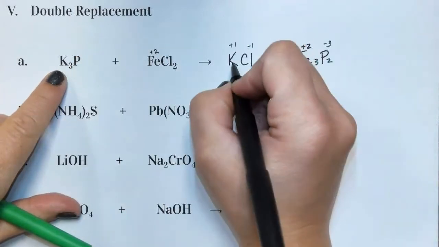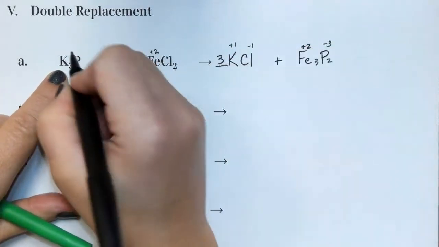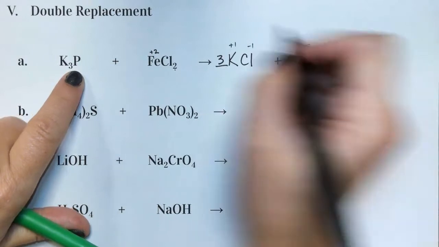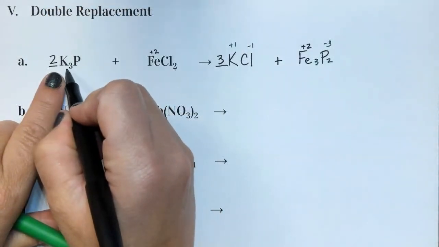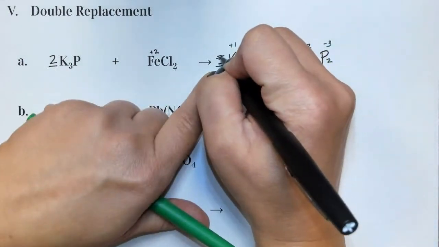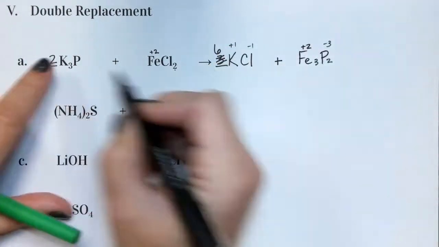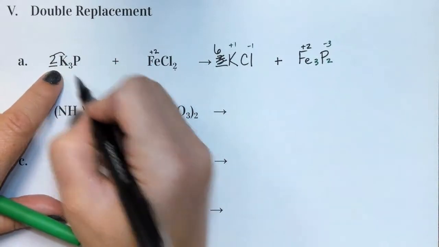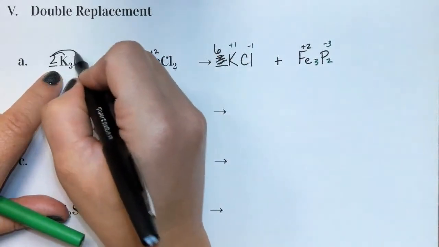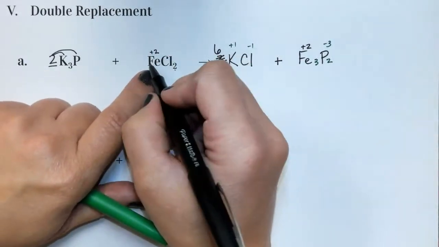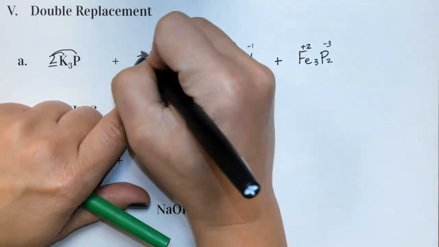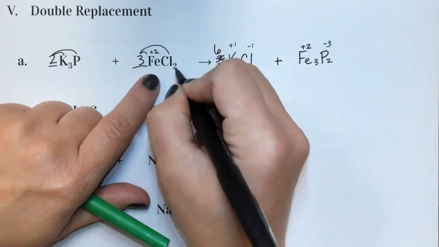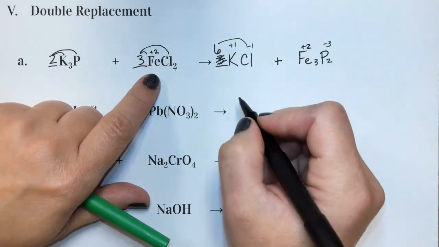3 potassium, 1 potassium puts a 3 here. 1 phosphide, 2 phosphides, I would put a 2 here. Since this changed my potassium to 6, I'll go ahead and change potassium now to 6. So we have 2 times 3 is 6 potassium, 2 phosphides, 1 iron, 3 iron, so I'm going to put a 3 here, and now 3 times 2 is 6 chlorides, and this gives me 6 chlorides.